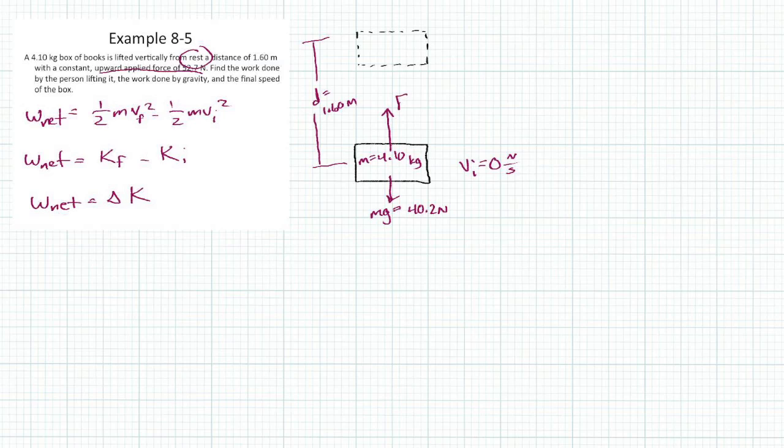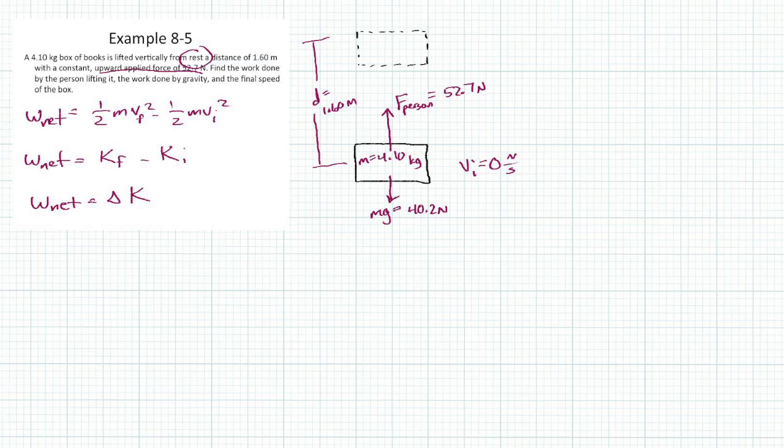All right, we'll call this the force caused by the person, equals 52.7 newtons. So that person is applying this force, displacing it through this distance right here, 1.6 meters. It starts at rest, and there's also gravity, of course, acting against that person as well.